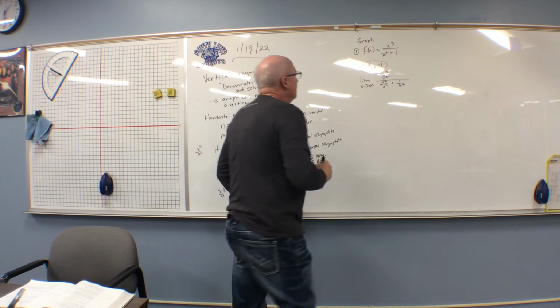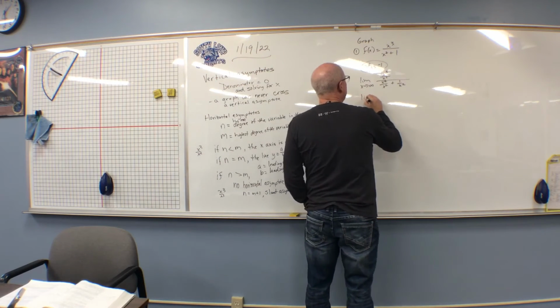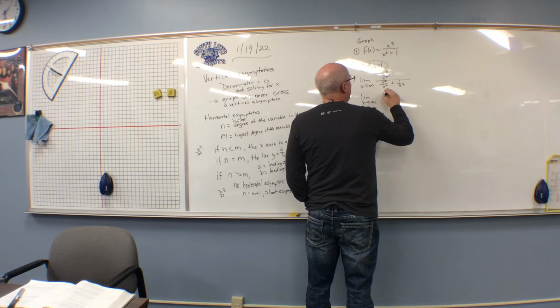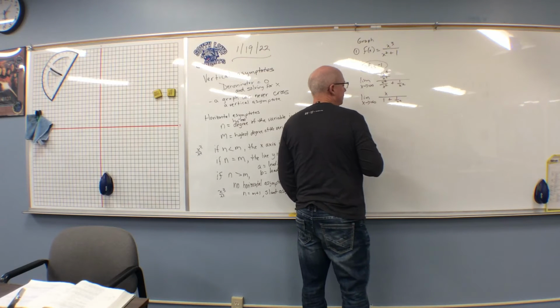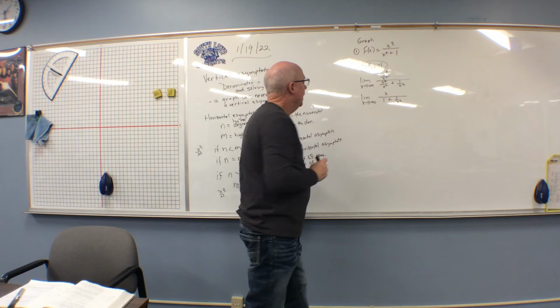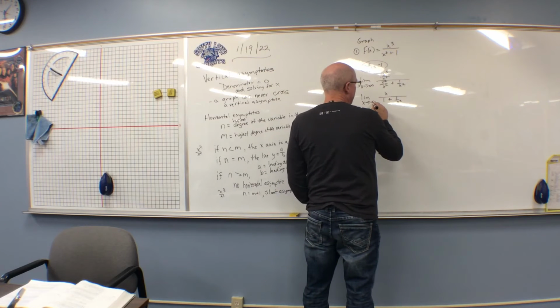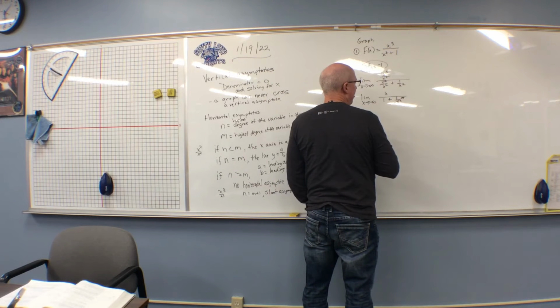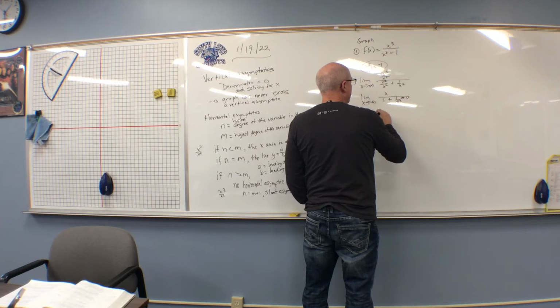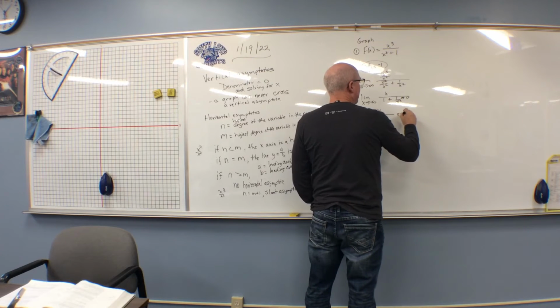Yeah. Okay, so what happens is we get the limit as x approaches infinity of x over 1 plus 1 over x squared, correct? You remember that? Yes. Now, as x approaches infinity, what does this do? Goes to 0. So what we end up getting is x over 1 or x, right?